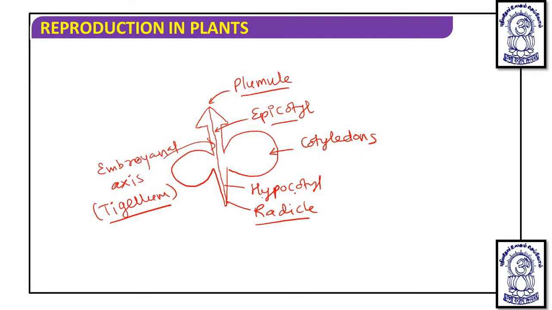And the hypocotyl can be defined as a region of the embryonal axis between the cotyledon and the radicle. So this is a schematic diagram of a dicot embryo representing its different parts.